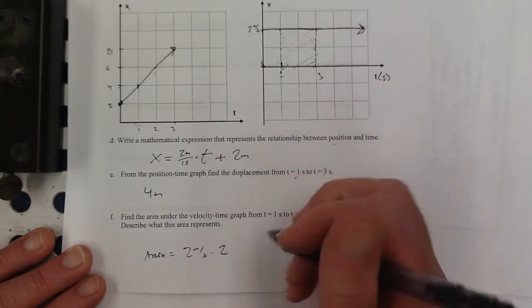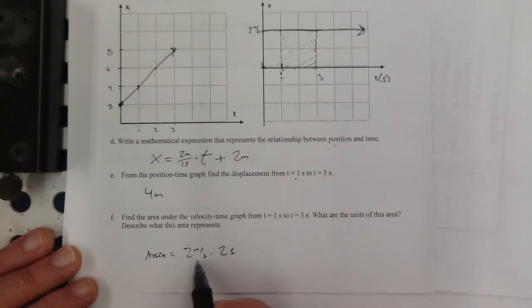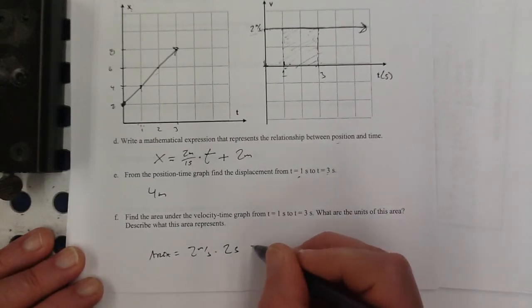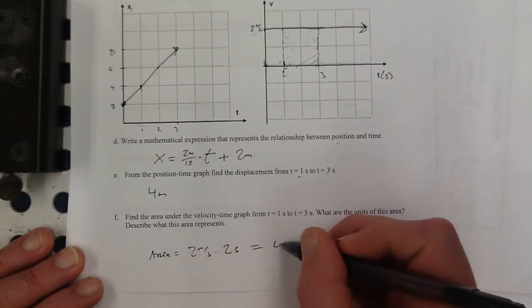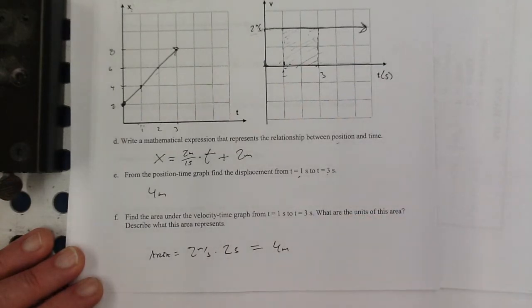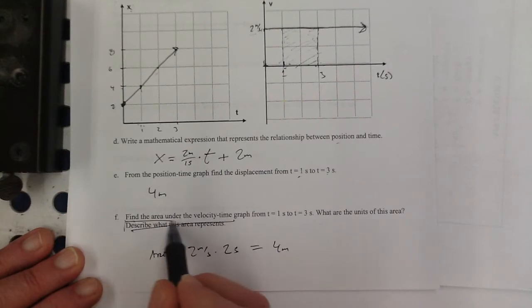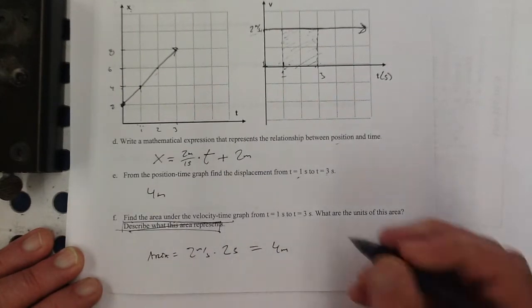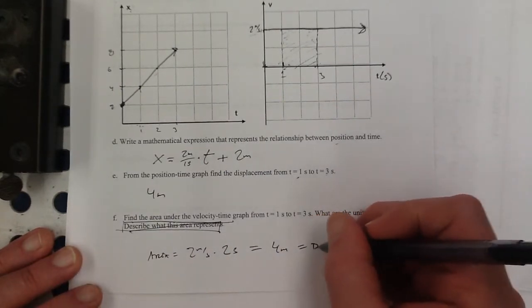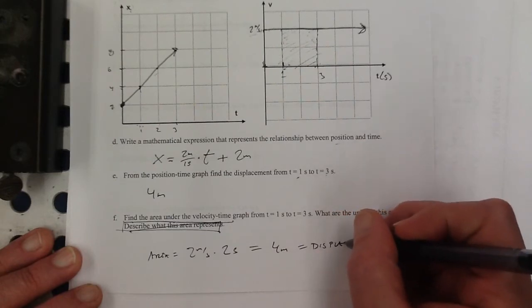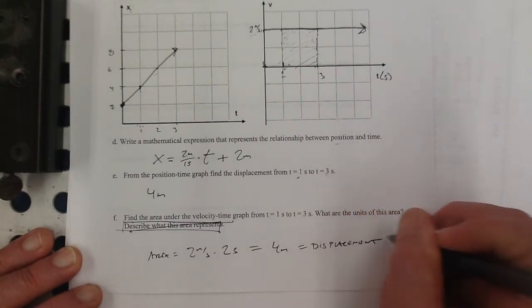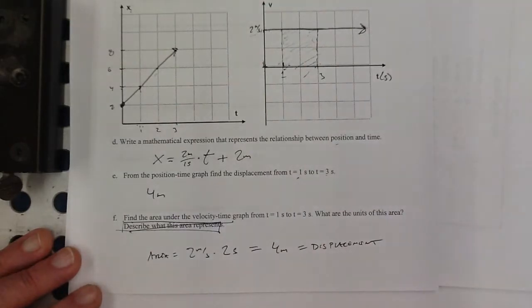That's the units here. All right, so 2 meters per second times 2 seconds. Seconds cancel and I get 4 meters. Hey, how about that? So what does this area represent? Sorry, I didn't mean to cross that out. I was trying to underline it. What does this area represent? This is the displacement. It's another way of finding displacement. The area under that. Cool.